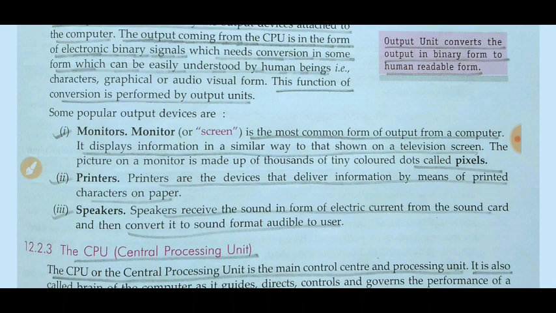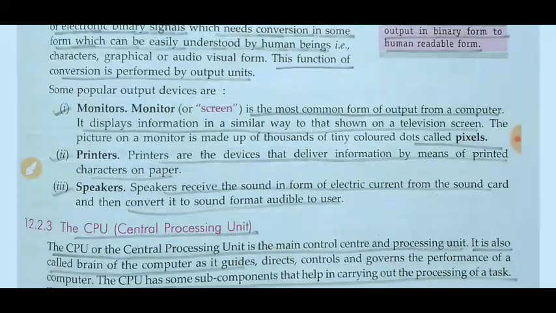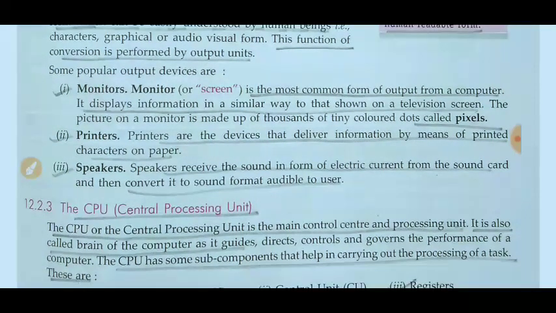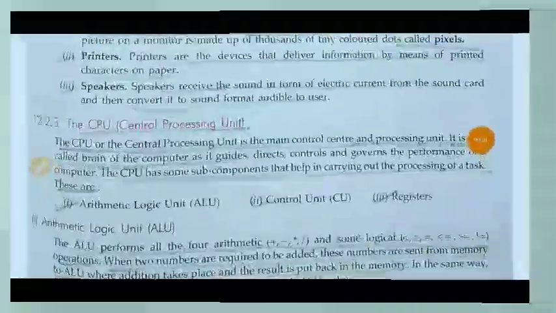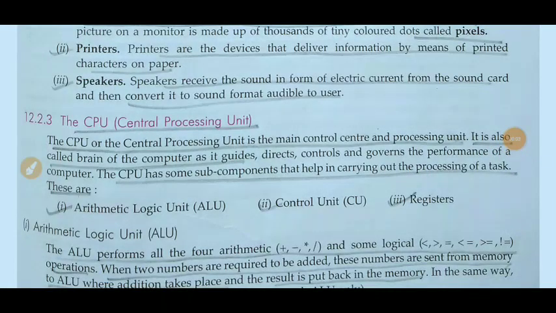It is a part of hard copy. If we want to display our data in hard copy manner, we use printers. Then the speaker receives the sound in the form of electric current from the sound card and converts it to sound format audible to the user. Clear? Let's move further.